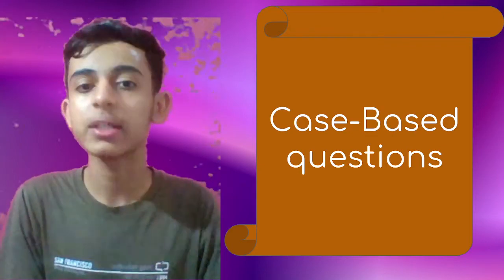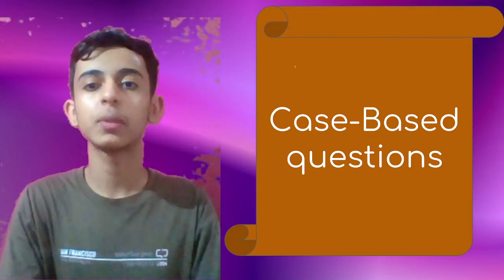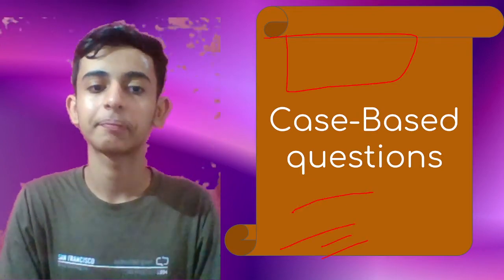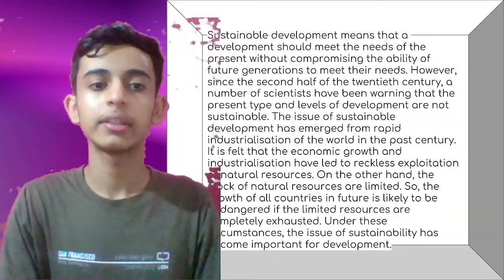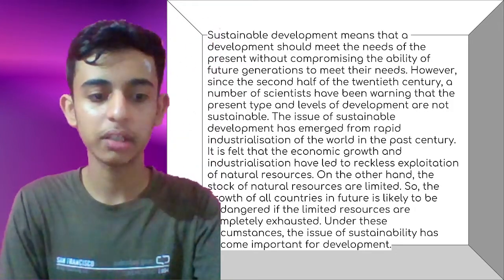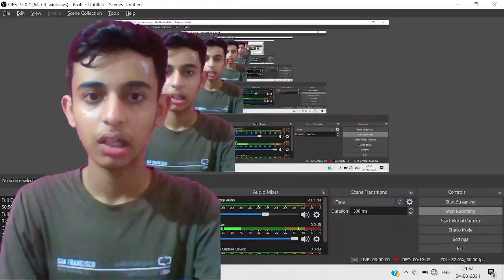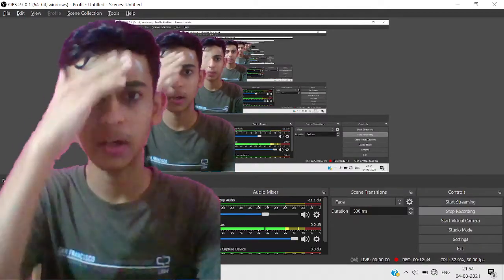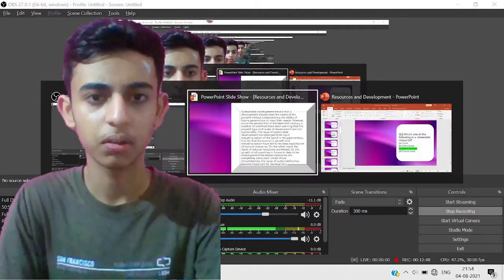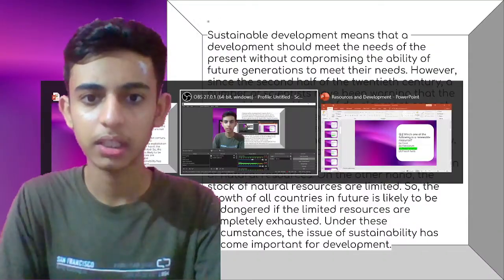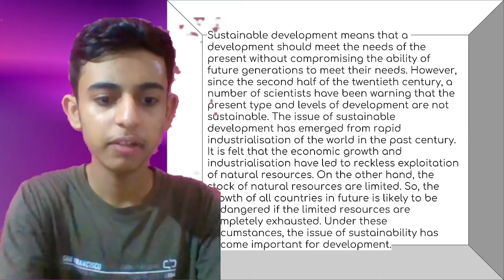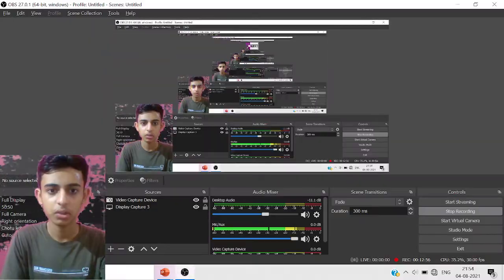Now, case-based questions in which you will be provided with a passage kind of a thing and you have to answer some questions. Chalo. So this is the passage. I think you're unable to see it. Let me check if you're able to see. I guess you are able to see, right? One second. What if I change it?